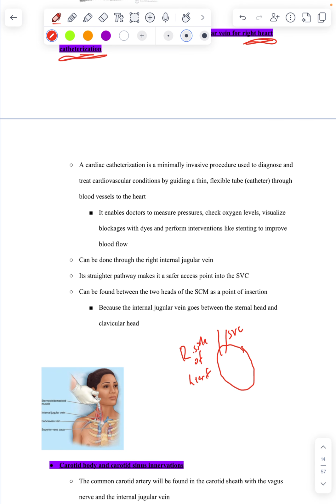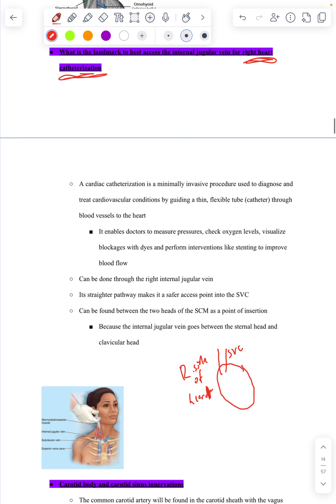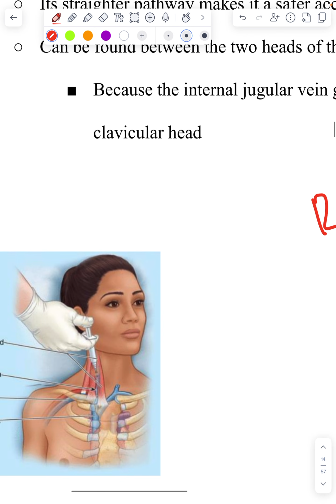So if you want to do a catheterization, what is the best landmark? The best landmark is the right internal jugular vein. If this is the neck, you have a right internal jugular vein coming down. This is your right subclavian.